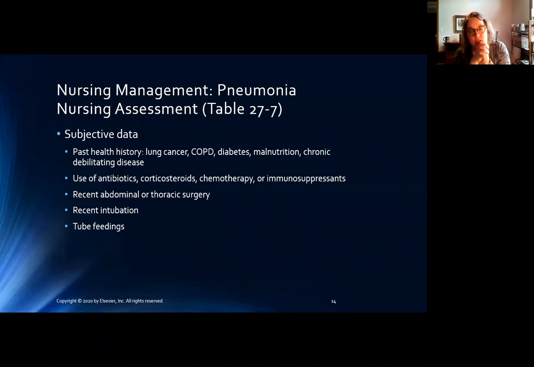We're going to be interviewing the client or their support person that comes with them and getting some information. Past medical history, including any sort of lung cancer, COPD, that chronic obstructive pulmonary disorder.